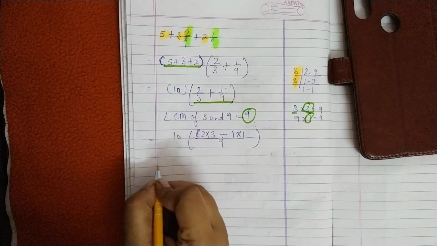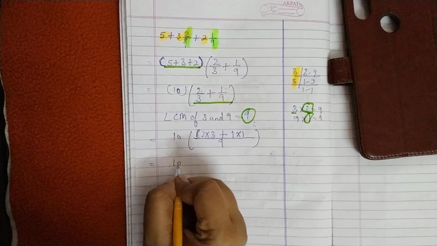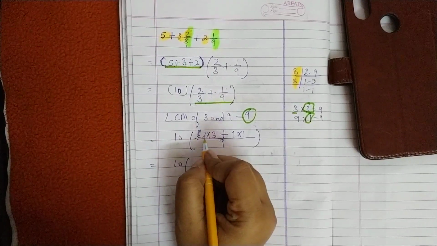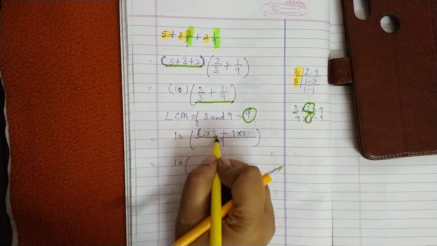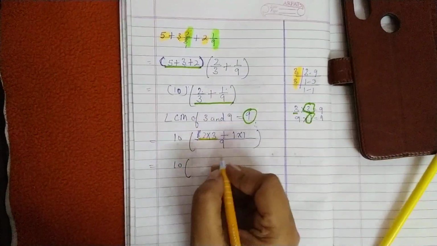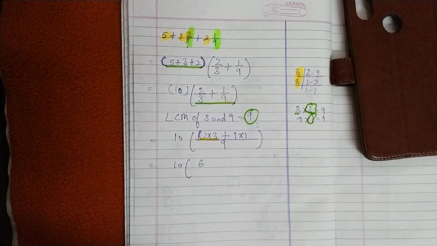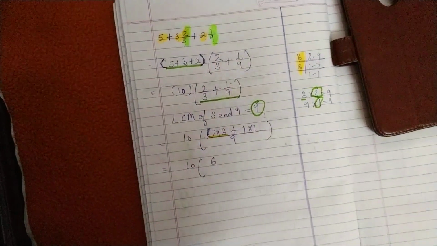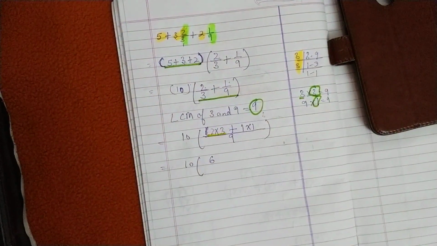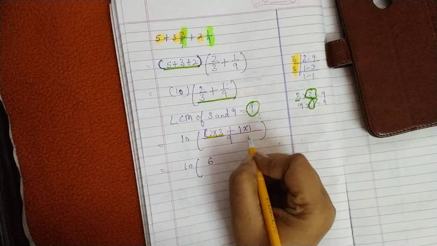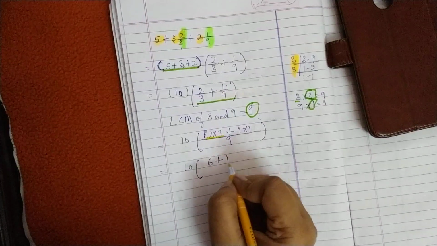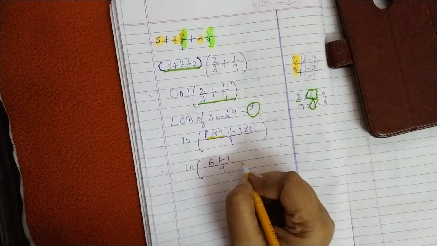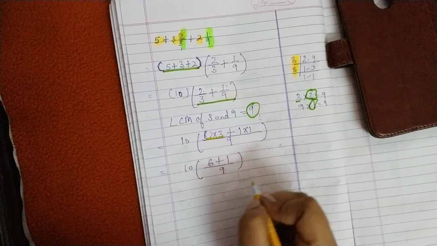Now in the next step, copy this 10 as it is. 2 into 3 first. Now what you have to do, children? You have to multiply this. 2 into 3, 6. Okay. And plus sign as it is, 1 into 1. Numerator clear.